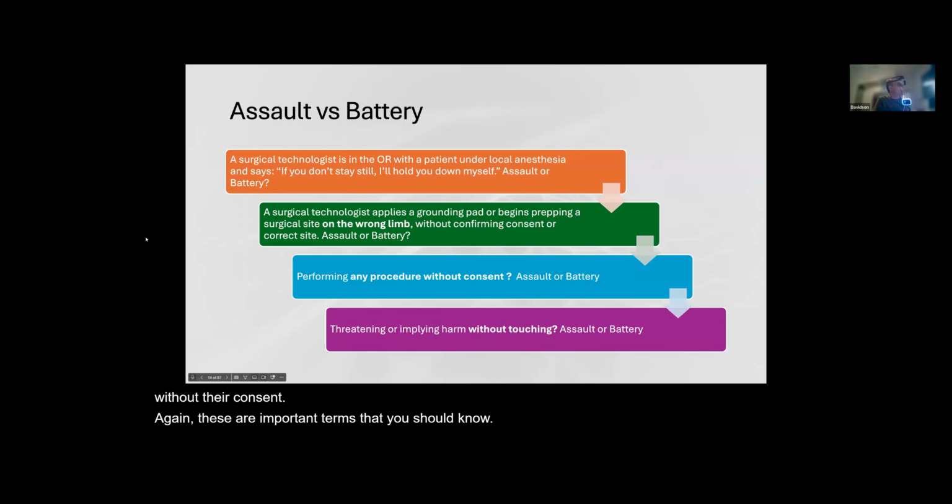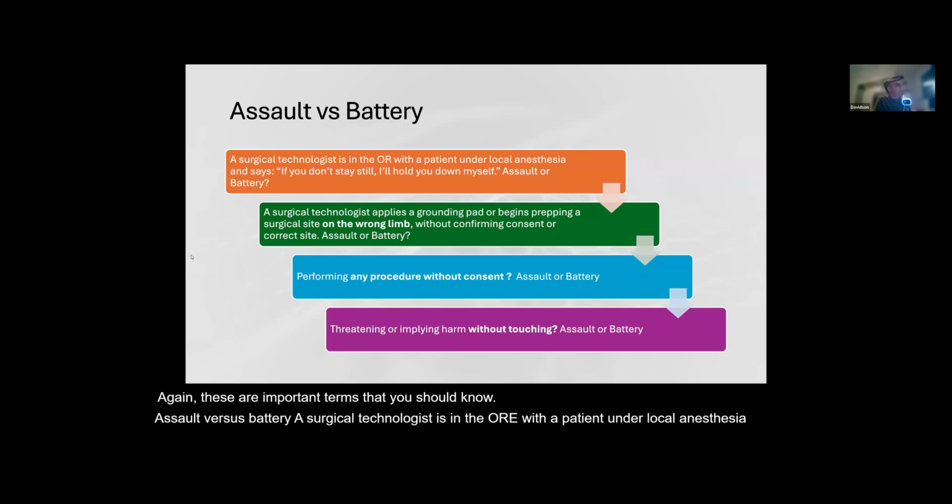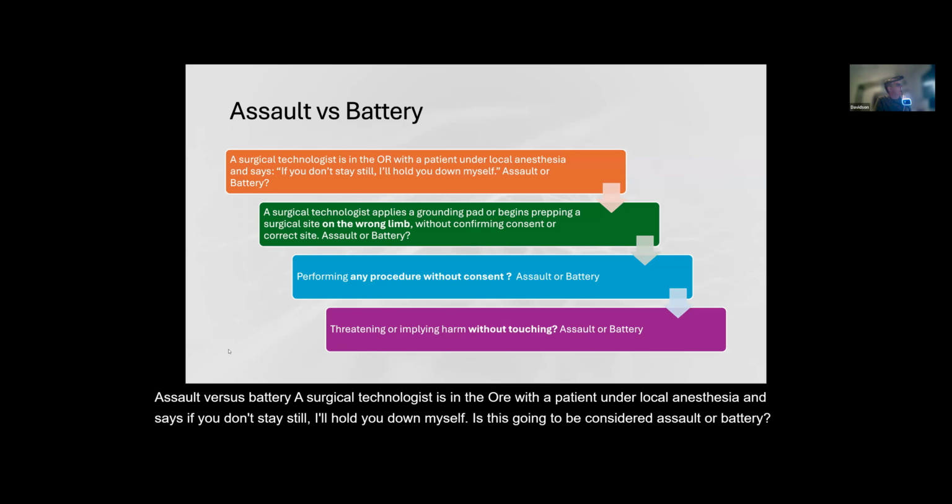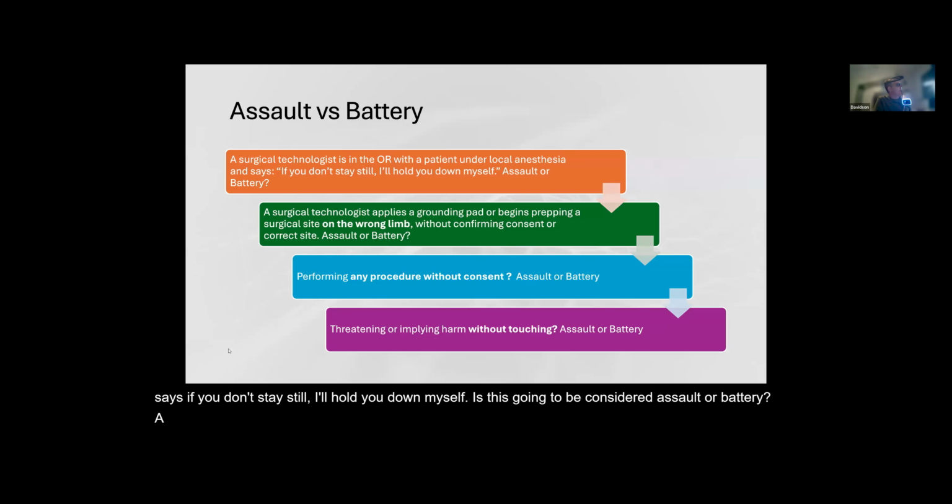Assault versus battery. A surgical technologist is in the OR with a patient under local anesthesia and says, "If you don't stay still, I'll hold you down myself." Is this going to be considered assault or battery? A surgical technologist applies a grounding pad or begins prepping a surgical site on the wrong limb without confirming consent or correct site.